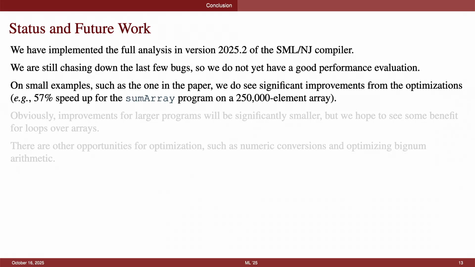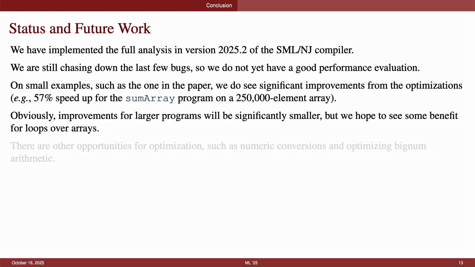In particular, the example in the paper just adds up the elements of an array of integers. This represents the best possible speedup you could get, because the conditional tests dominate the code. We actually see a 57% speedup there on adding 250,000 element arrays. Obviously the speedup for bigger programs is going to be a lot smaller.